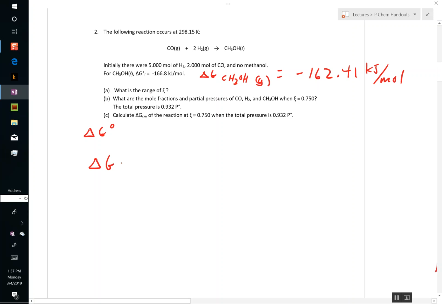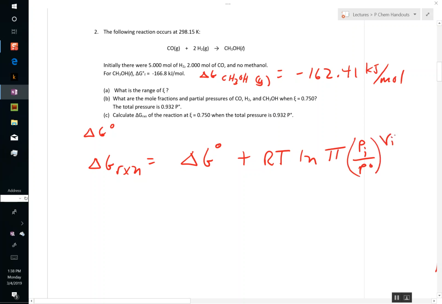And then if you crunch through here with this equation, the delta G of reaction is equal to the delta G naught that you get plus RT times the log of this big expression, the Pi over P naught to the nu i.